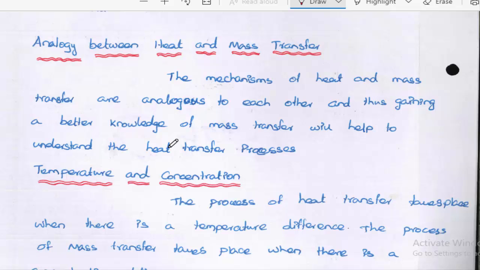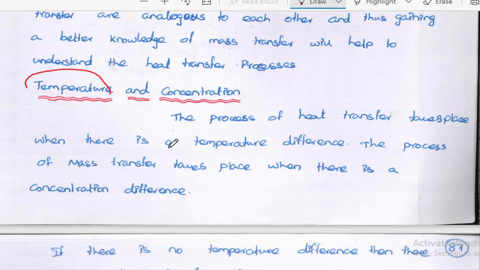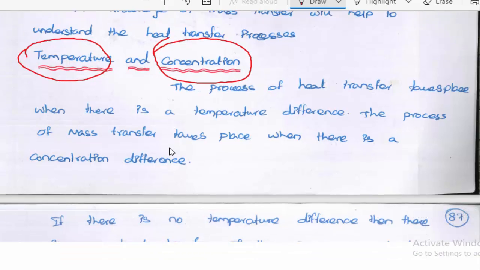In heat transfer we worry about the temperature difference, whereas in mass transfer we worry about the concentration difference. Heat transfer happens because of the temperature difference, whereas mass transfer happens because of the concentration difference.